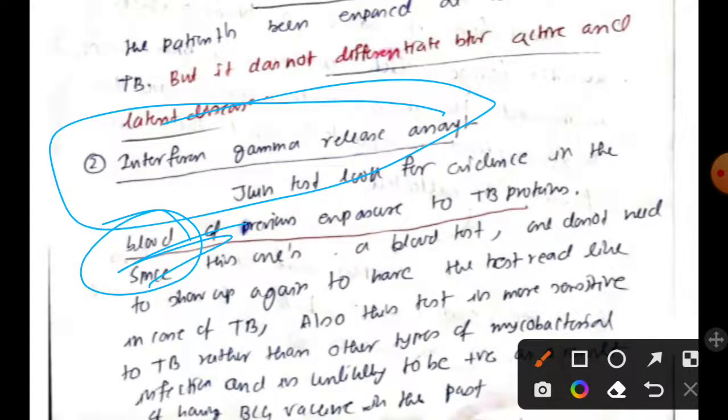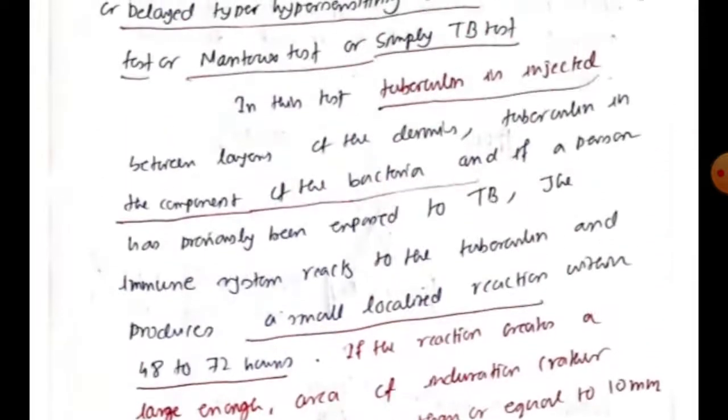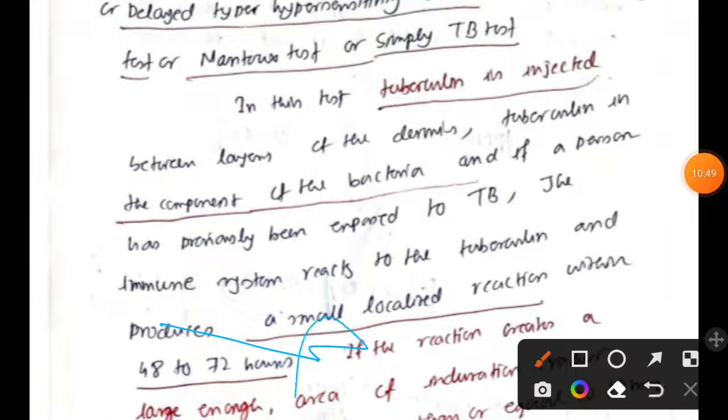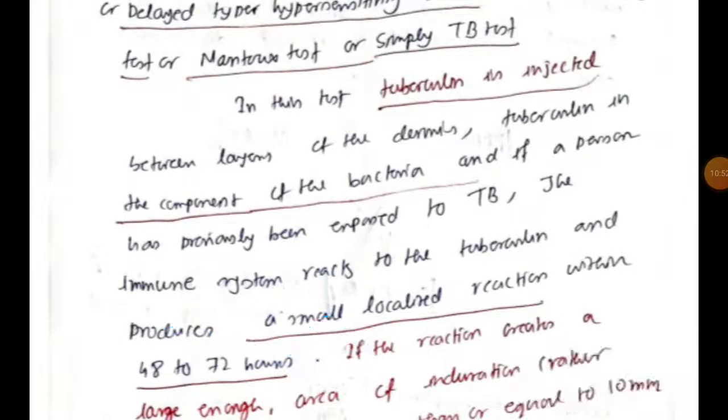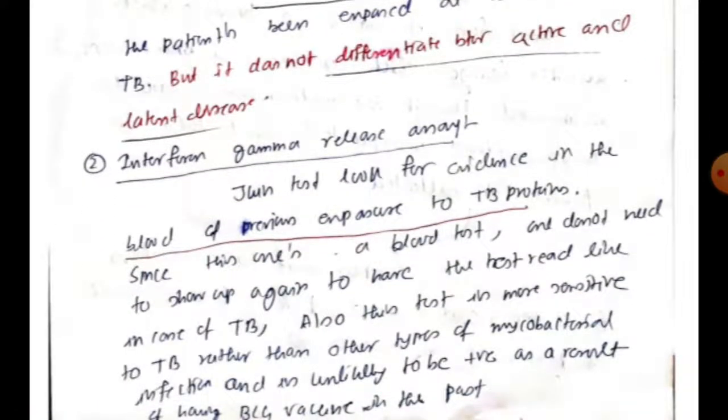There is an advantage: since this one is a blood test, one does not need to show up again to have the test read, like in the case of the tuberculin test. Because after some time your induration will disappear, and then you have to perform the test again to give a positive or negative report, right? But in the case of the interferon gamma release assay, you do not have to do it, because it is a blood test.